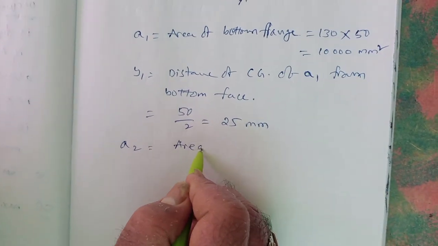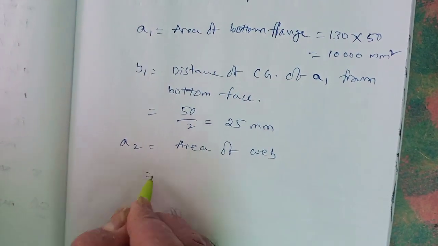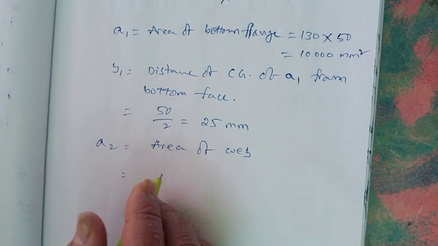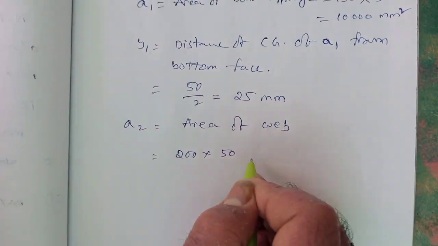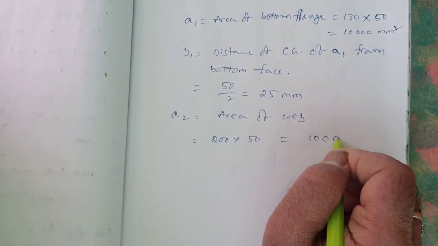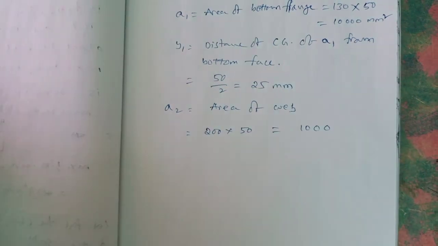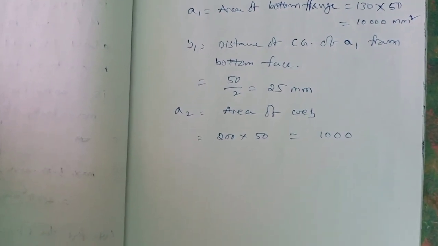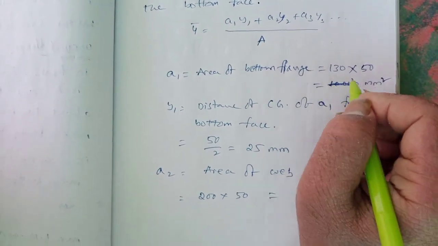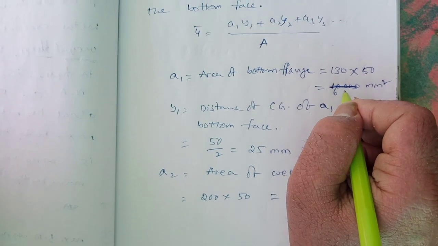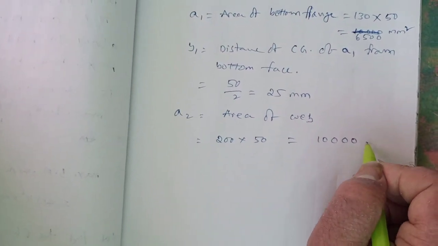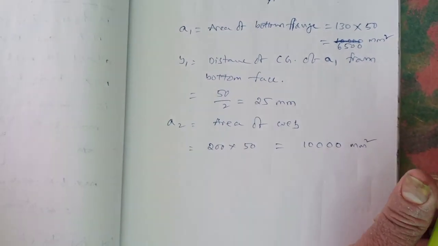Next, A2 is the area of the web. Web height is 200 and the width is 50. So 200 into 50, which is 10,000 millimeter square.